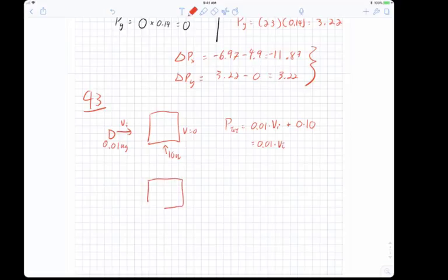After the block gets embedded with a bullet, the thing has a final velocity. So P total in this case is 10 plus the bullet times its final velocity. If I knew what this final velocity was, I could figure out what the initial velocity is.